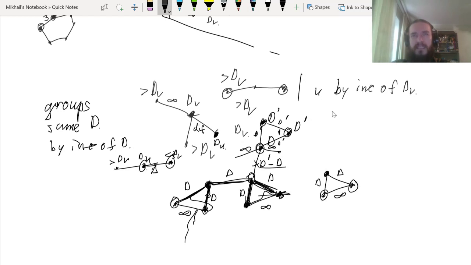And so let's say that if we find a vertex of a group, we just start coloring the adjacent ones with the DFS.